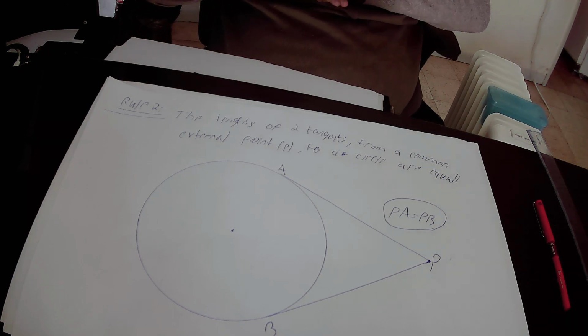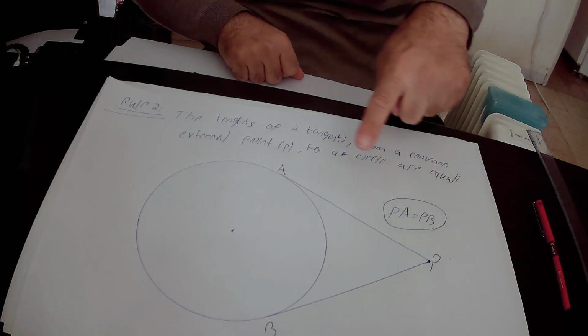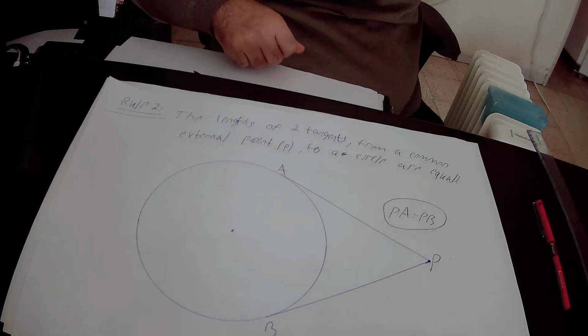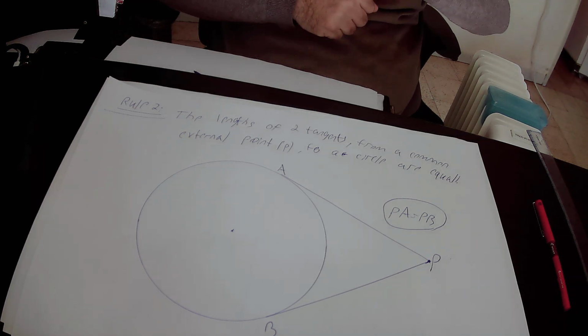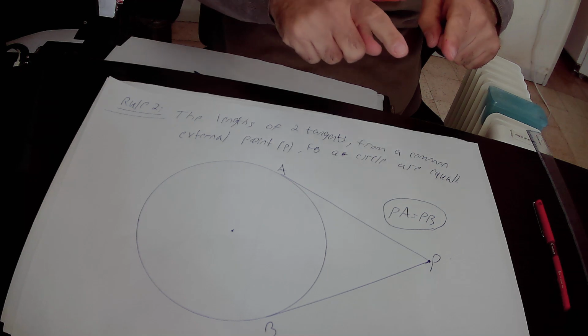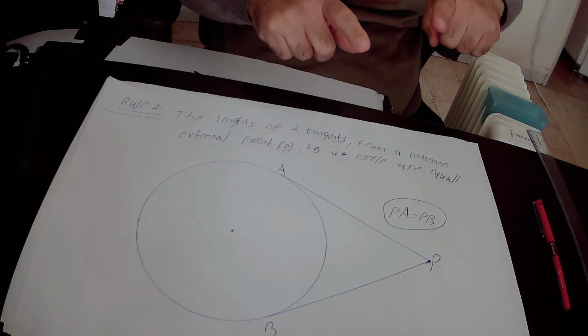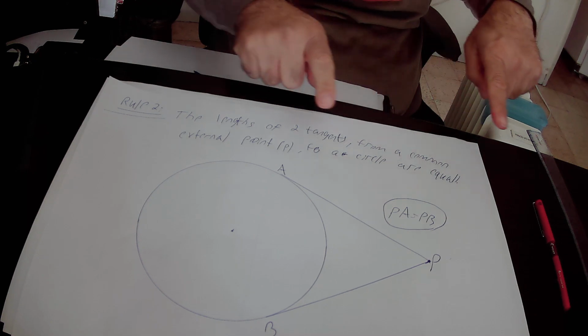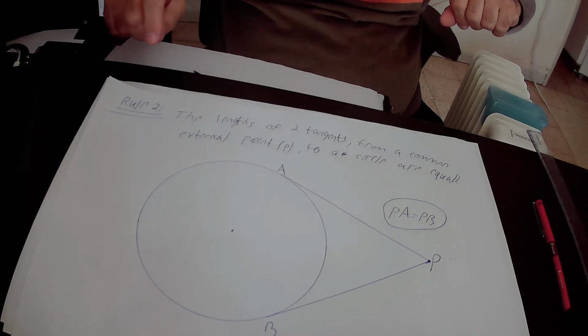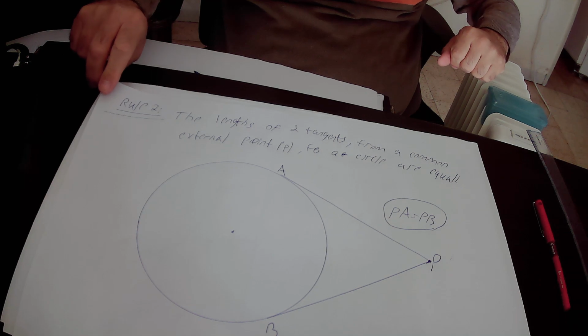We have the common external point, point P. From point P, we have two tangents to the circle, tangent PA and tangent PB. And according to rule number 2, whenever you draw two tangents to a circle from a common external point, the lengths of those two tangents must be equal to each other. In this case, PA equals PB.